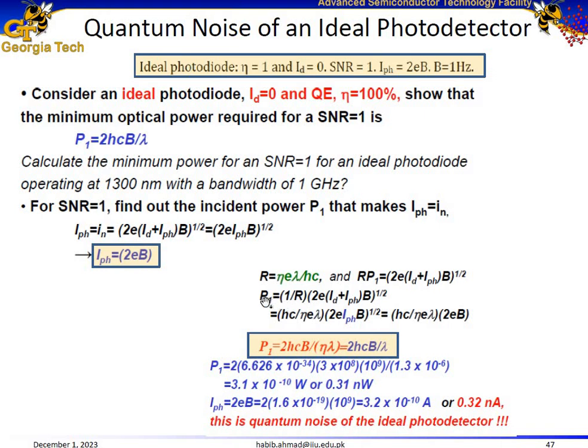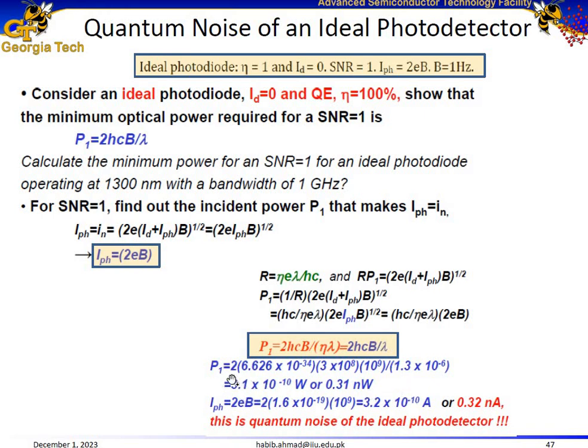After further rearranging, move R to the right, and we also know in this expression that ID should be 0 for an ideal photodiode. Furthermore, IPH we already simplified, turned out to be equal to 2 times the charge on the electron times the bandwidth. Replace all these values, and we finally get to this expression. Our minimum incident optical power is equal to 2 times Planck's constant times the speed of light times the bandwidth of the photodetector divided by the wavelength of operation, or the wavelength of the incoming incident photons.